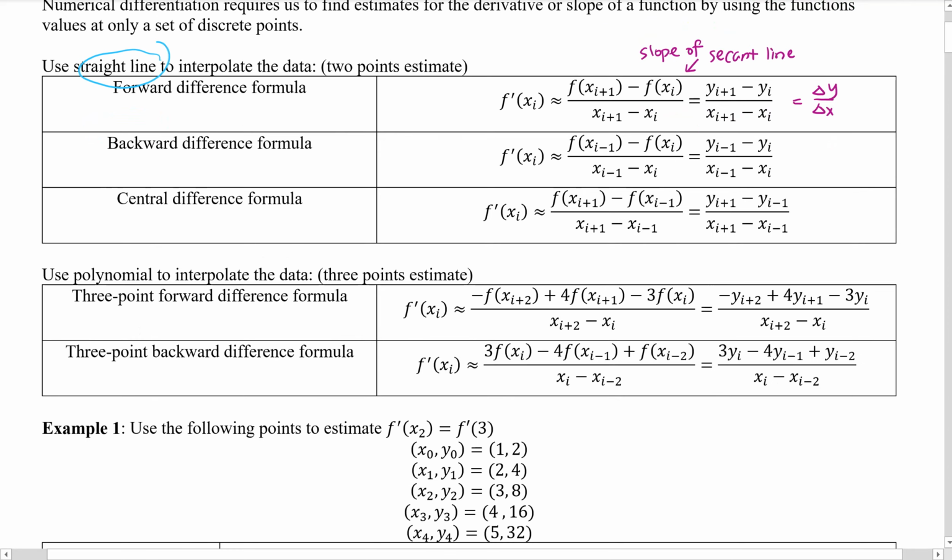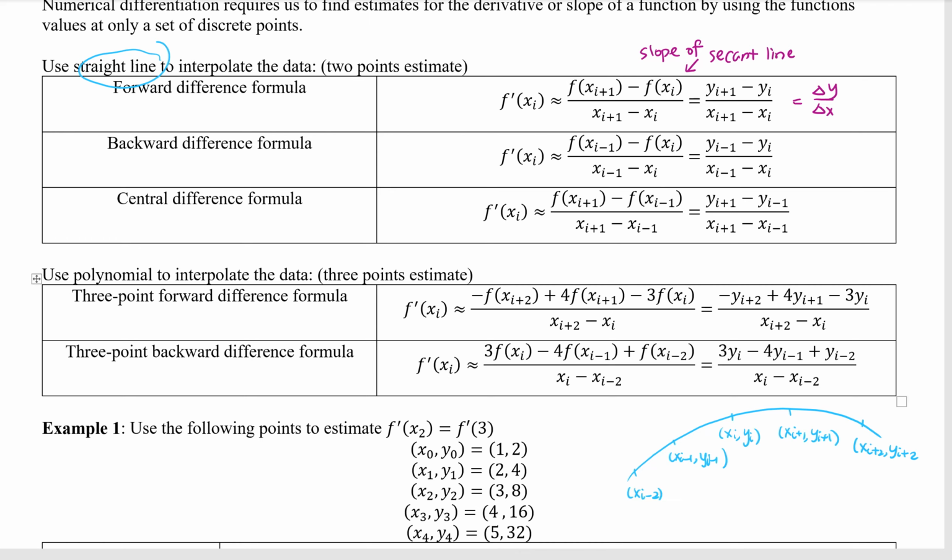Let me draw the picture here. So this is xi, yi, xi plus 1, yi plus 1. Here, xi plus 2, yi plus 2. And we have xi minus 1, yi minus 1, xi minus 2, yi minus 2.